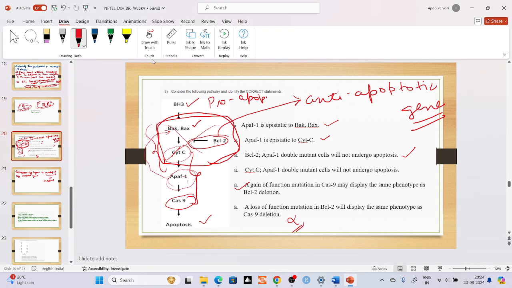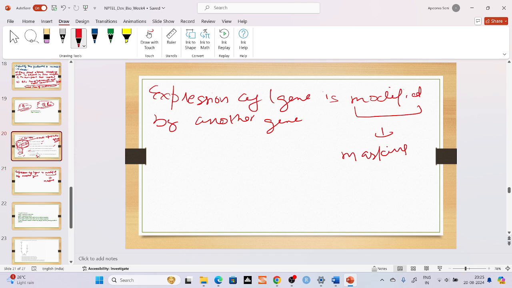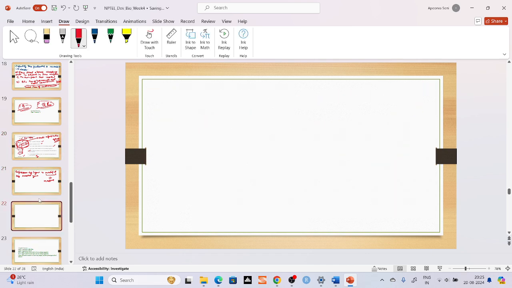Now what I wanted to explain is, from this diagram or flow chart, one thing is important: APAF1 is very important.